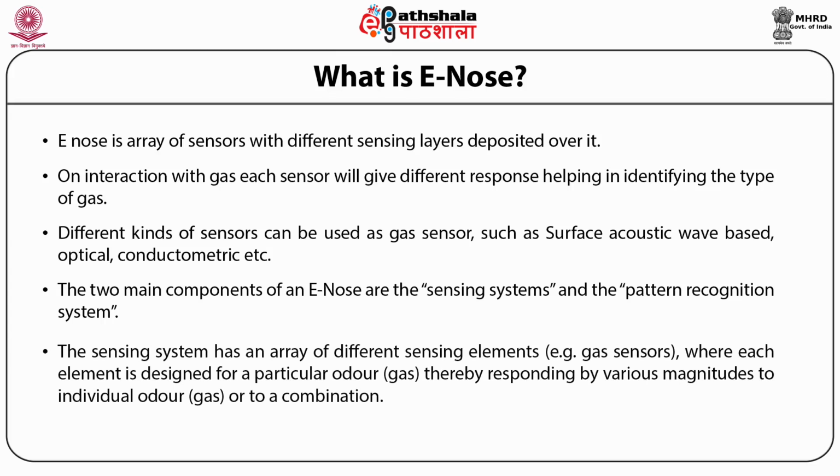The two main components of an Enose are the sensing system and the pattern recognition system. The sensing system has an array of different sensing elements, for example, gas sensors, where each element is designed for a particular odor or gas, thereby responding by various magnitudes to individual odor or gas or to a combination.